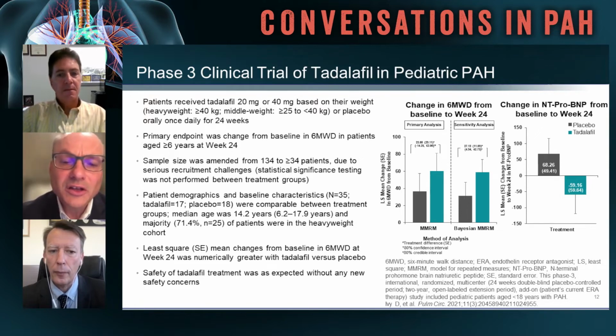They used a least squared mean analysis of 6-minute walk, which showed about a 20-meter difference, and then using a placebo-adjusted difference, because there was a placebo group, which was about 24 meters, which I think most of us would say is modest and maybe more modest than we would like.